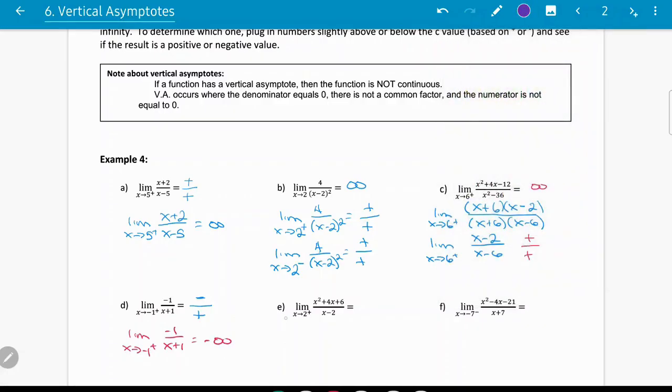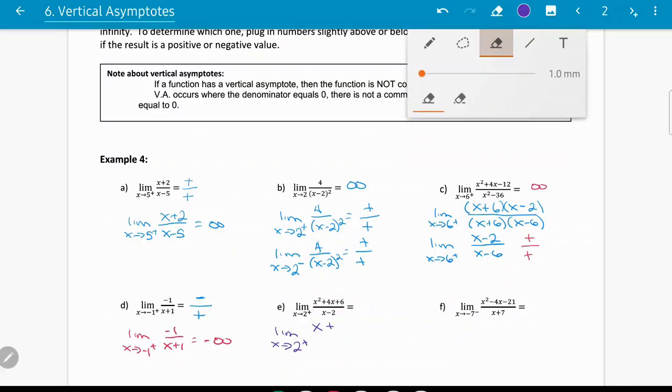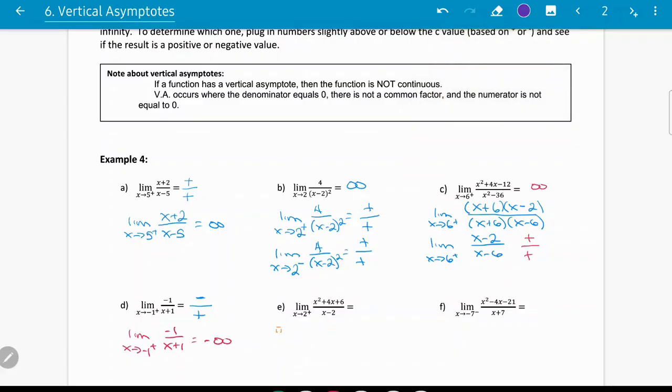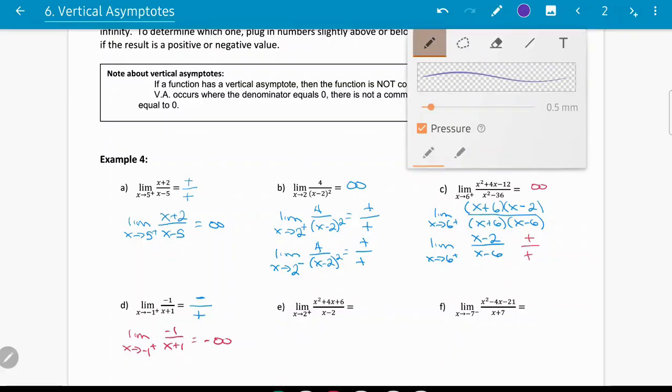All right, so looking at E, we have the limit as x approaches 2 from the right. I'm going to go ahead and factor my numerator. Actually, I am not going to factor my numerator. My numerator does not factor. So we're going to just simply evaluate this.